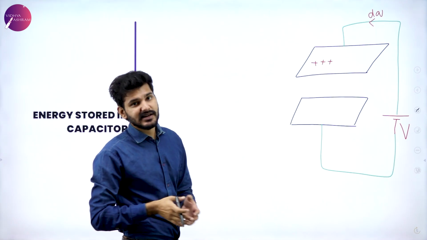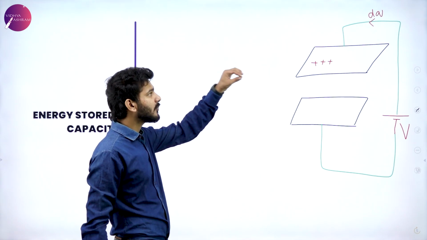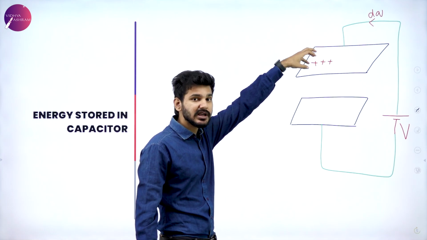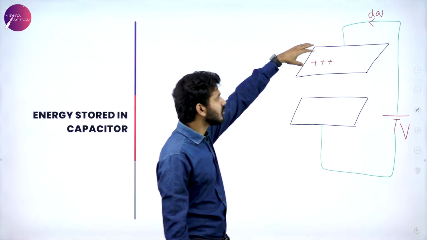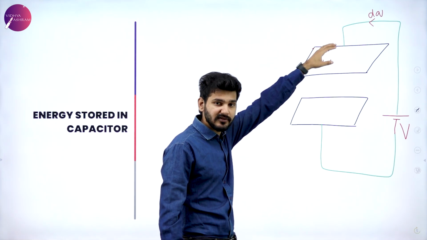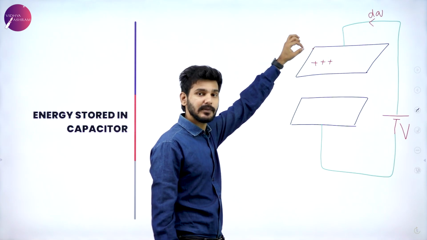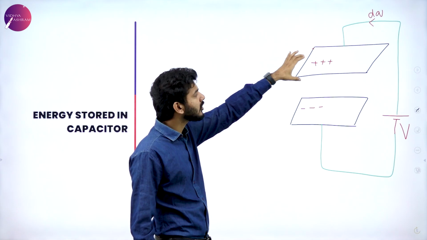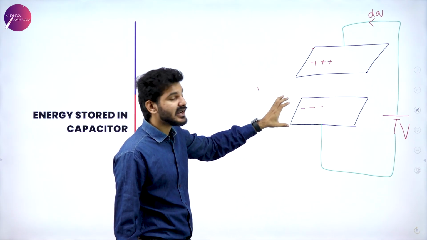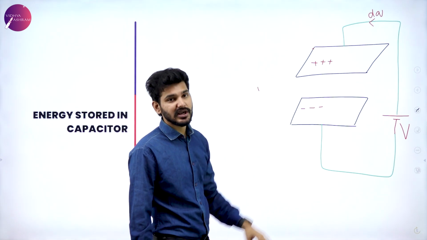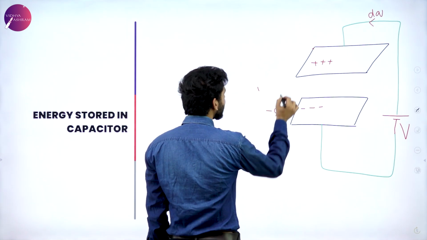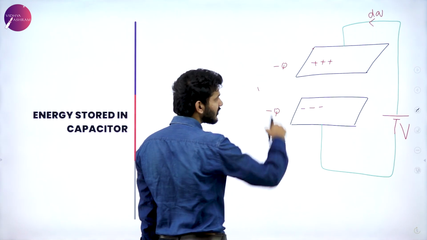So let's say in time t1, it is dropping dq amount of charges onto the plate like sprinkling salt onto a table. So we are going to sprinkle dq amount of charge slowly onto the plate. As a result of positive charges being accumulated on top of the plate, there will be a negative charge induced on the other plate. So we can say that here it is negative q and here it is positive q.